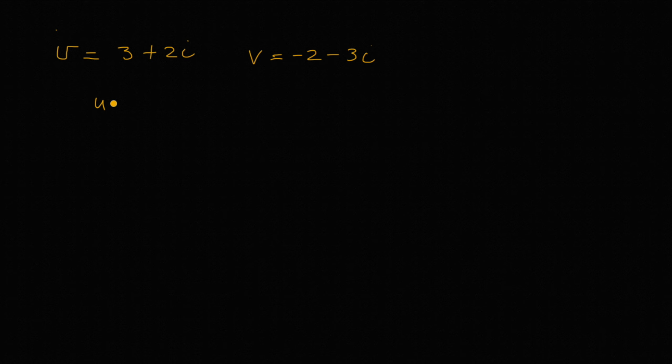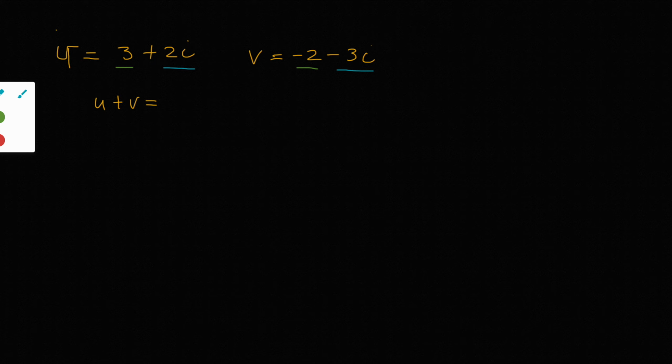So if we say what is u plus v, we add the similar numbers together. We'll see that the 3 and the minus 2 are real numbers, and we've got imaginary numbers, the plus 2i and minus 3i.